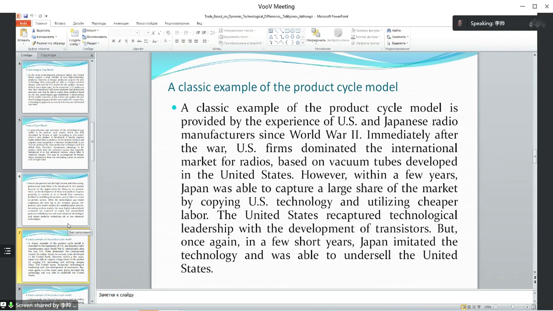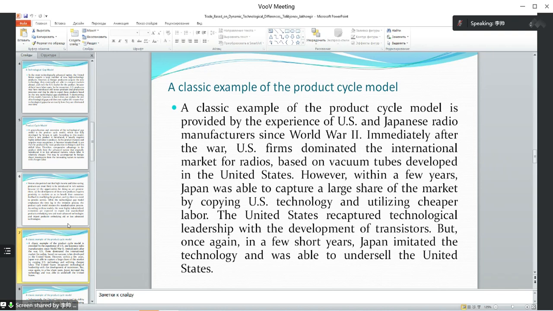A classic example of the product cycle model is provided by the experience of US and Japanese radio manufacturing since the Second World War. Immediately after the war, US firms dominated the international market for radios based on vacuum tubes developed in the United States.